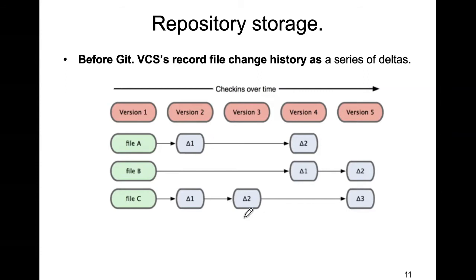I make some more edits. So it looks like I've edited file C in my working area, and then I commit it again, and on we go. So these version control tools, this is not Git now, but the other ones, this is the way they worked. They actually stored the changes that have happened to files over time.